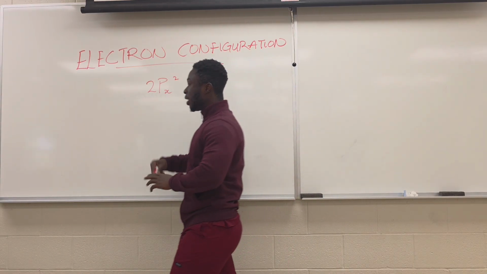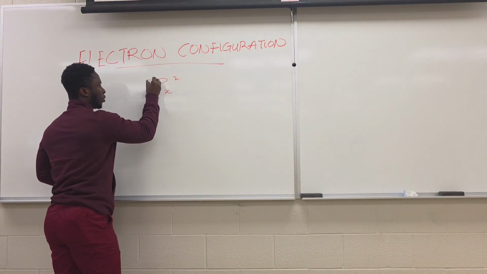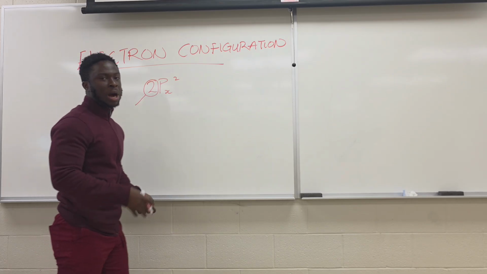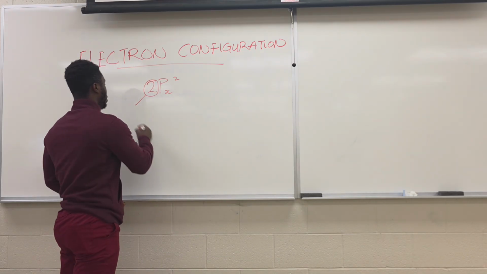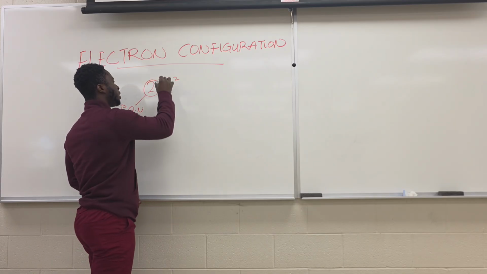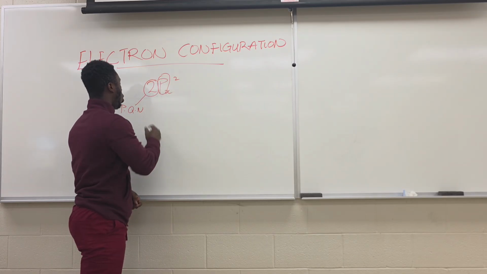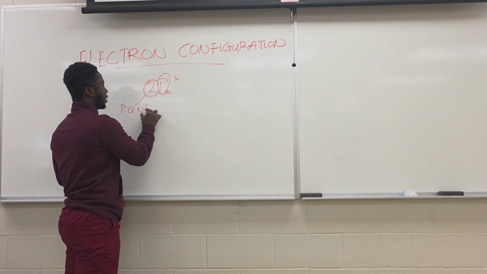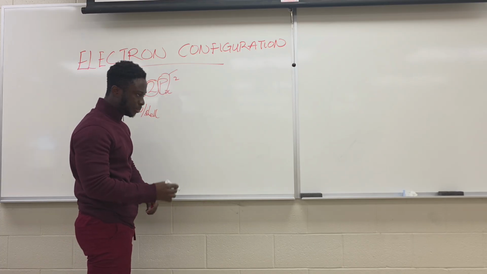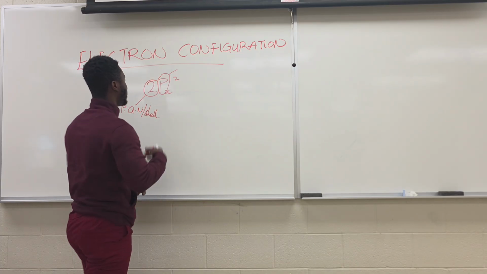So over here, this 2 would represent the principal quantum number, which is n. So principal quantum number, this is also the shell, right? This p would represent the subshells.